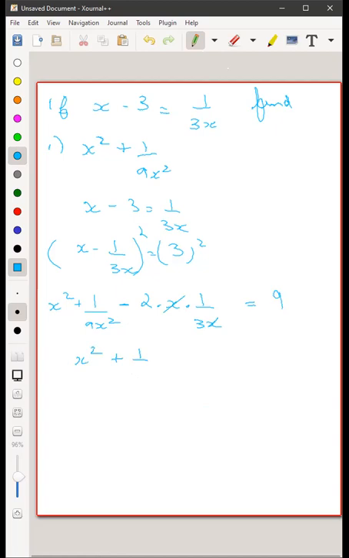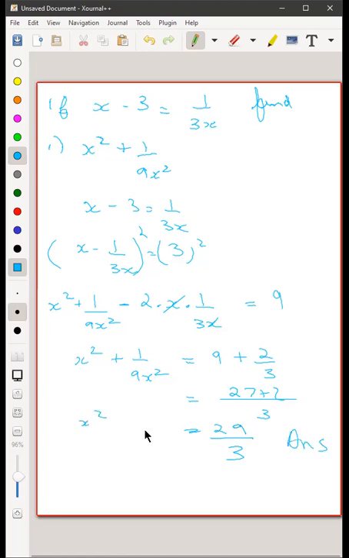So x squared plus 1 upon 9x squared will be equal to 9 plus 2 upon 3, which is 27 plus 2 upon 3, which is 29 upon 3. That's the final answer.